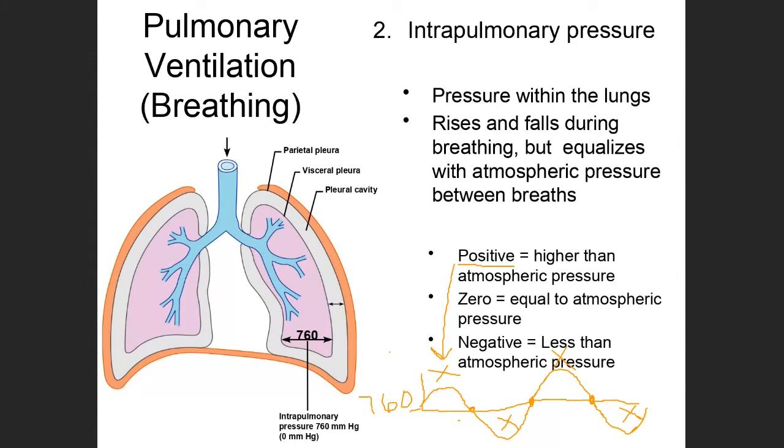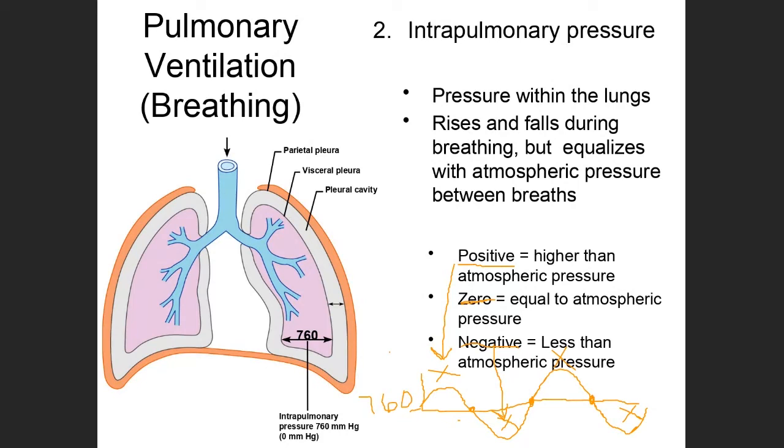So we talk about intrapulmonary pressure being positive when the pressure is higher than atmospheric pressure, like you see here. So that again is going to happen when you're exhaling. The pressure is negative, so intrapulmonary pressure is negative when the pressure in your lungs is lower than the atmospheric pressure, and that's going to happen when you're inhaling, when air is moving from the higher pressure atmospheric air into the lower pressure area within the lungs.